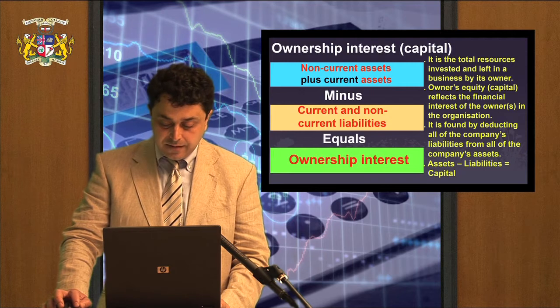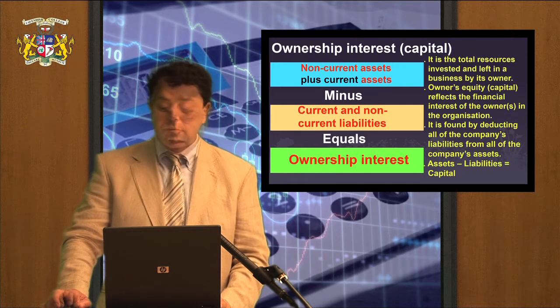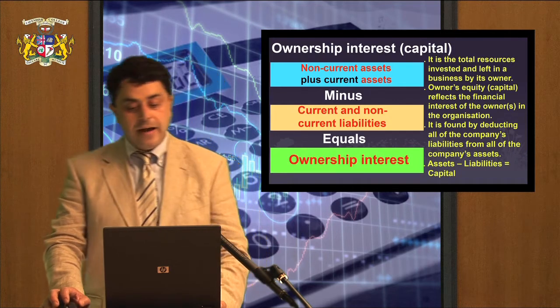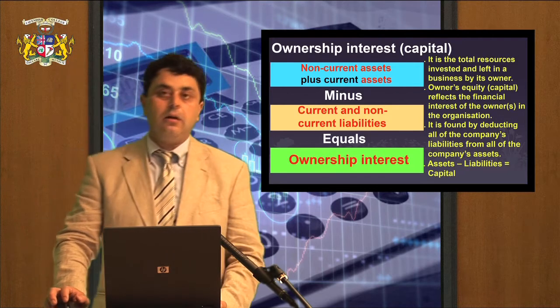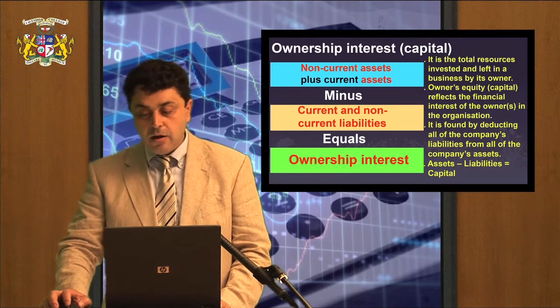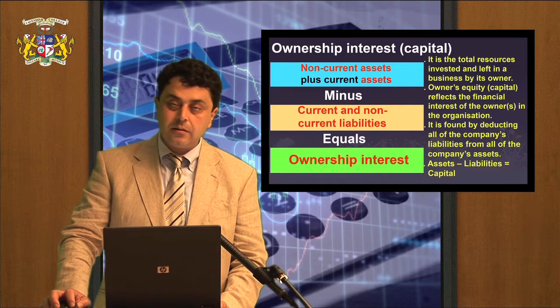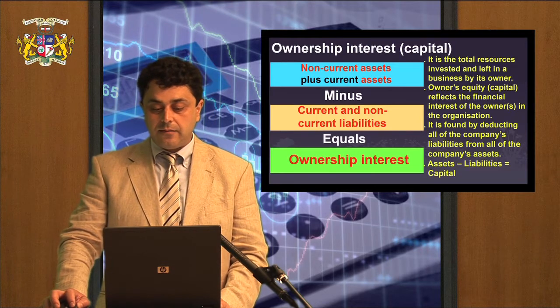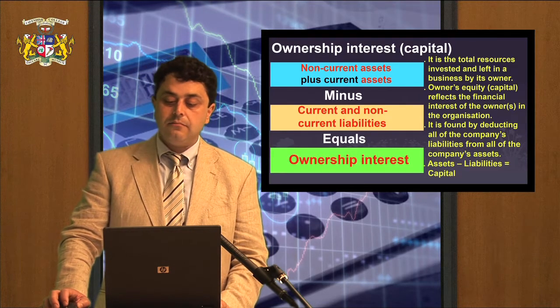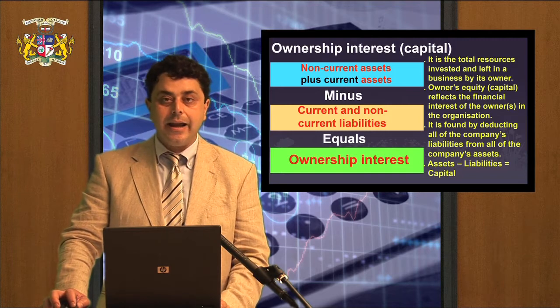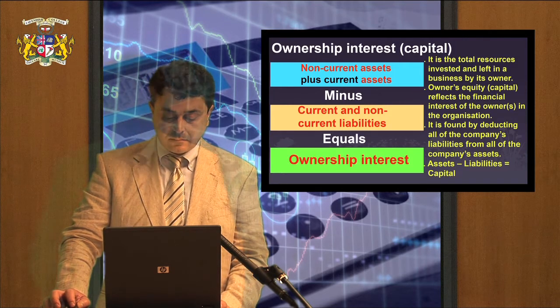But how can this be found? It can be found by deducting all of the company's liabilities from all of the company's assets. As we have said, assets minus liabilities equals capital.